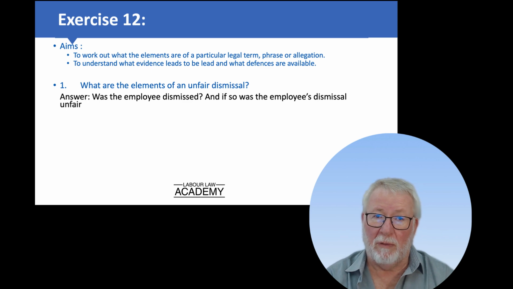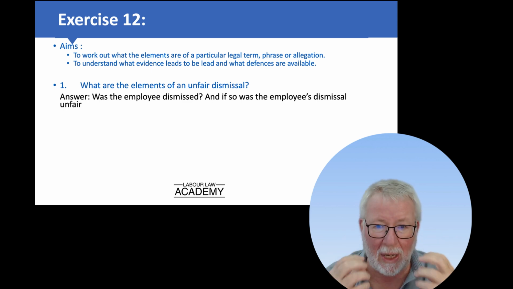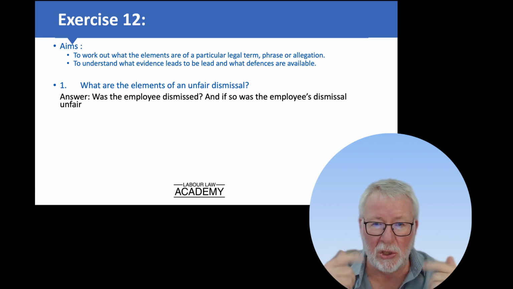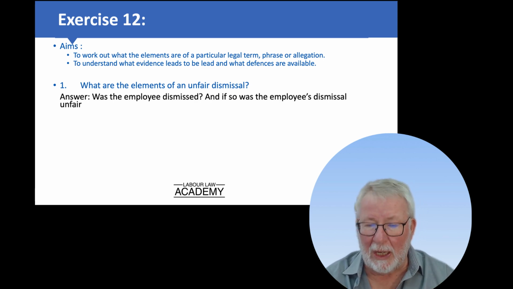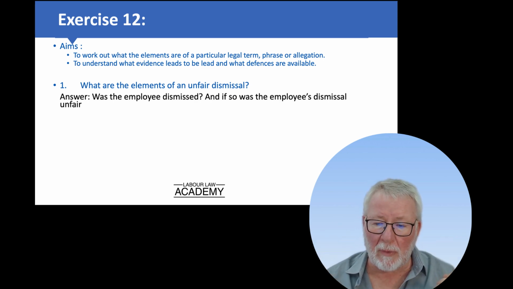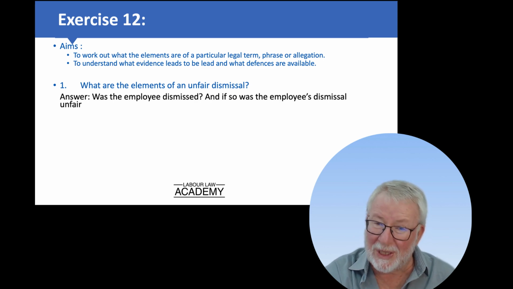A little confusing because you say, but it's unfair dismissal. Yes, but in law and in logic, and using the notion of elements to work out what must be proved, you'll see that you have to prove, was the employee dismissed and then was it unfair? Because logically, you can't say a dismissal is unfair if you haven't proved that there was a dismissal.